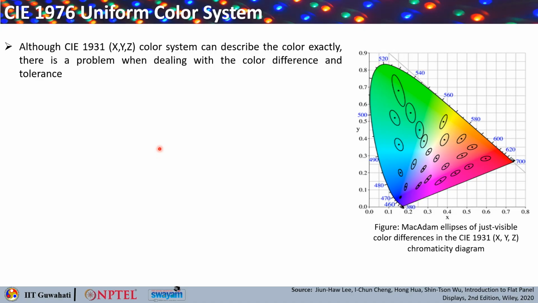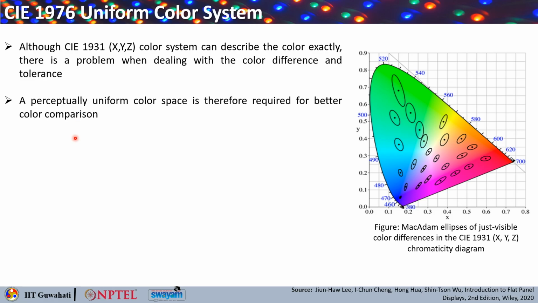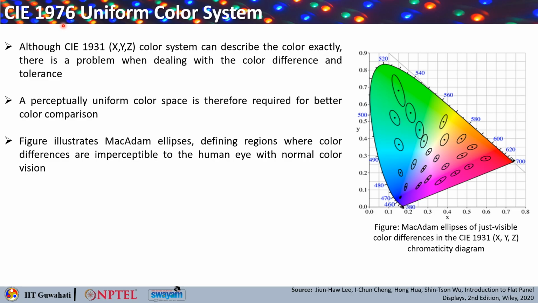So what was the problem with that CIE 1931 XYZ color system? Though they were able to describe the colors exactly, there was a problem when dealing with color difference and tolerance. A perceptually uniform color space is required for better color comparison, and this is where the uniform color system proposed in 1976 came into the picture.